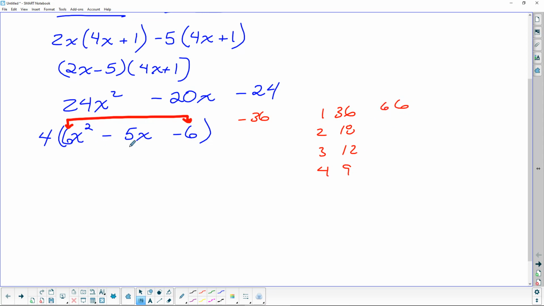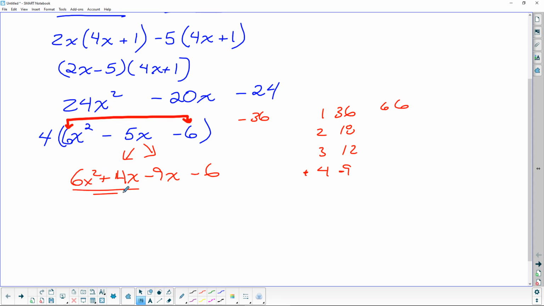Okay, so they have to add up to, again, that's opposite, so they have to add up to a negative 5. Well, this one here, negative 5. So plus 4, negative 9. Add our numbers in front.